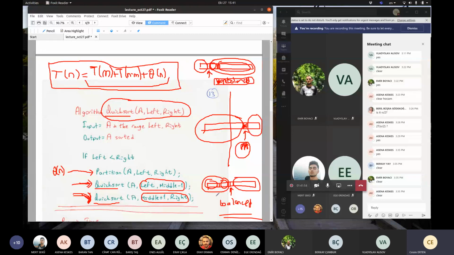In other words, if I have balanced partitions all the time, would I have the best case scenario? Or if I have unbalanced partitions all the time, would I have the best case scenario? Which one would give us the best case scenario?